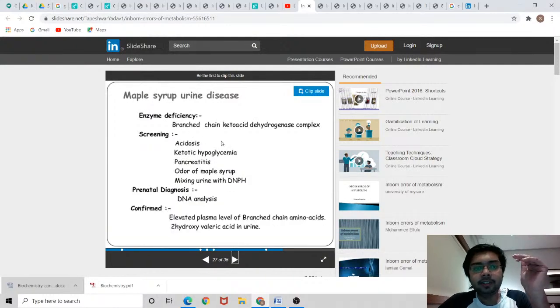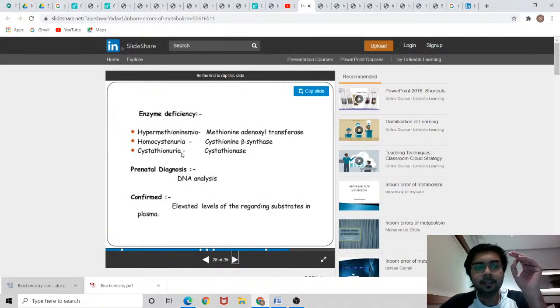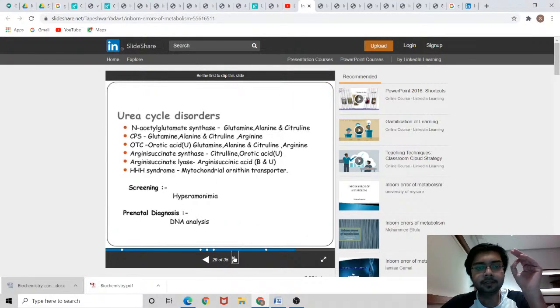Maple syrup urine disease, branched chain keto acid dehydrogenase complex deficiency. Then a more important thing is homocystinuria, where there is deficiency of cystathionine beta synthase. Okay, and urea cycle I'm not going into because it's very common, but let us see 2-3 important things.